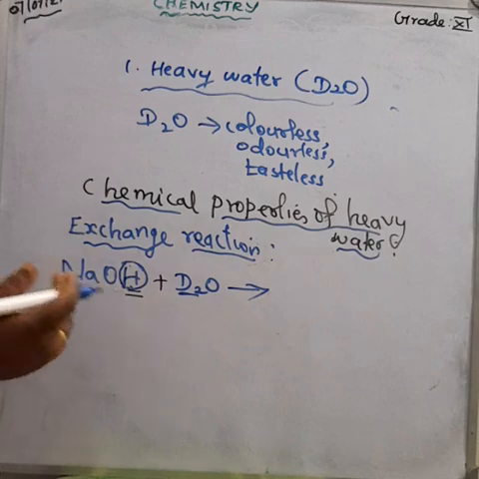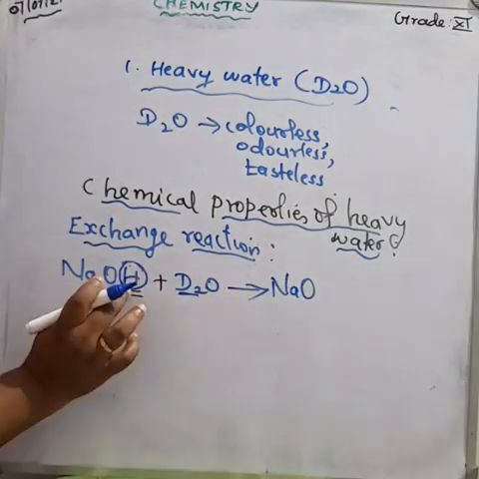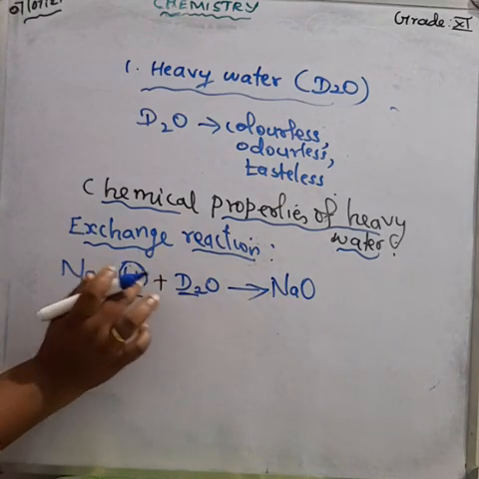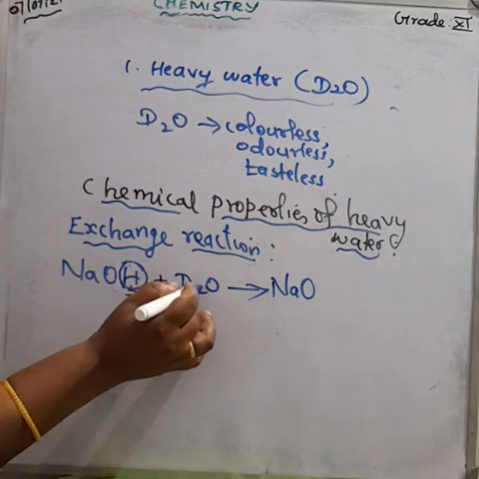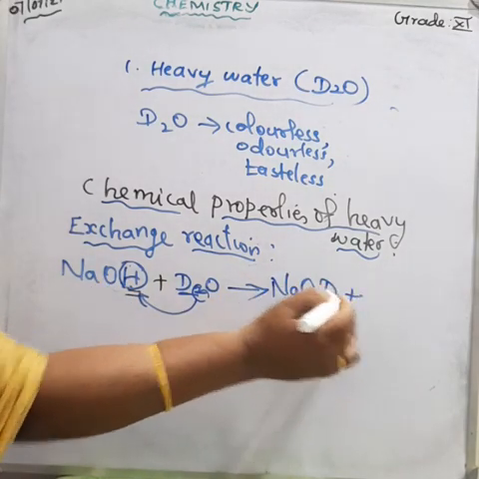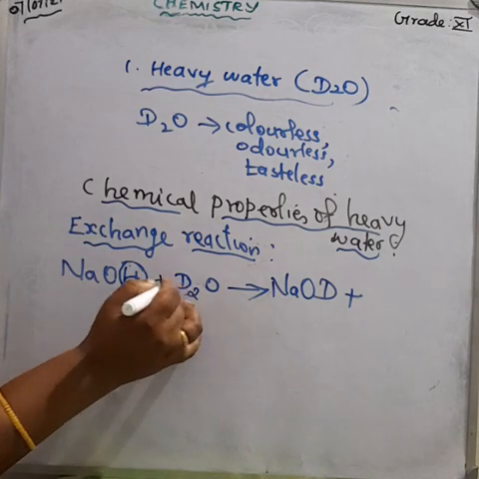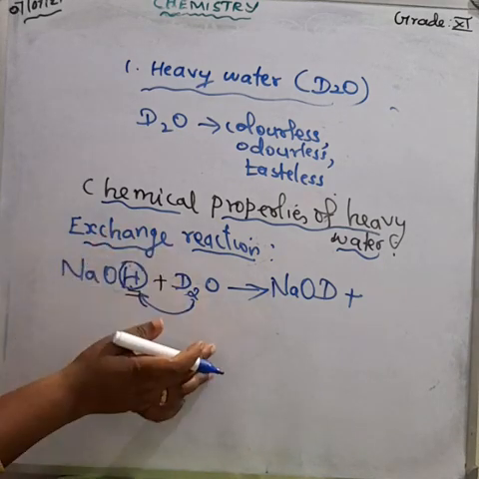So what is the product we get? NaOD. Instead of hydrogen, one deuterium joins here. The hydrogen is replaced by the deuterium. Understand? What is the remaining product?